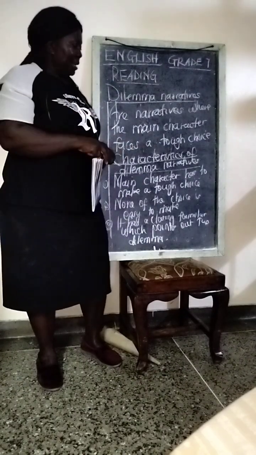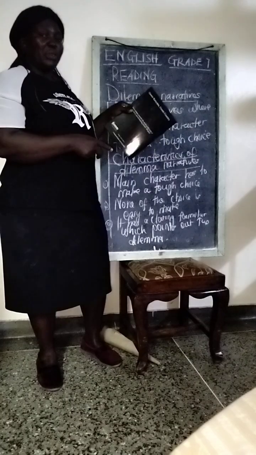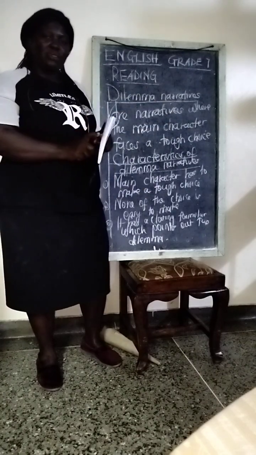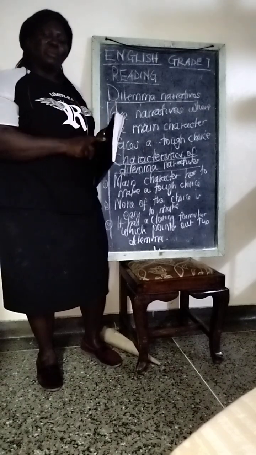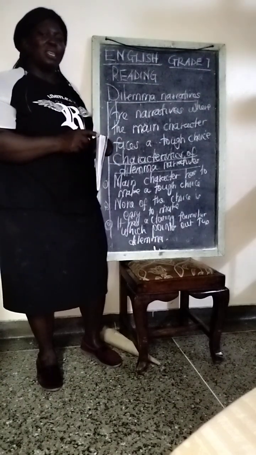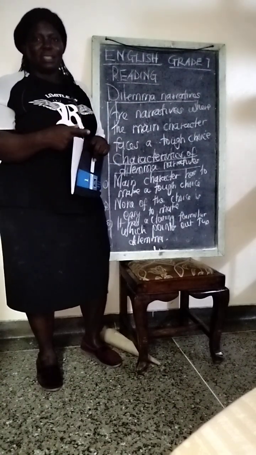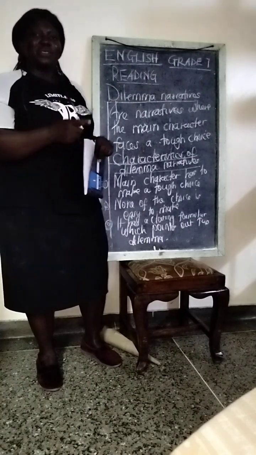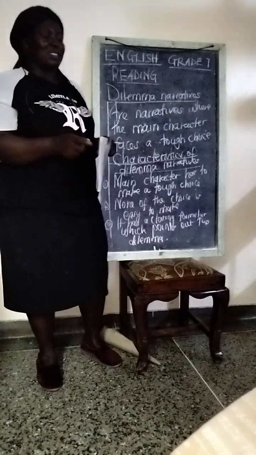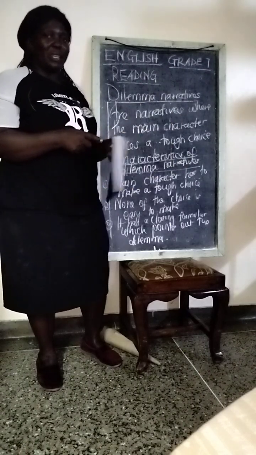Now, you need to understand that most of these stories have opening formula and closing formula. Examples of opening formula are once upon a time, a long time ago. Phrases like that are called opening formula.